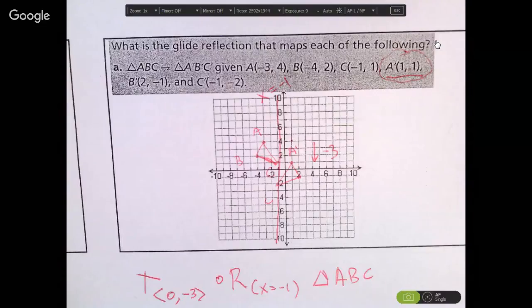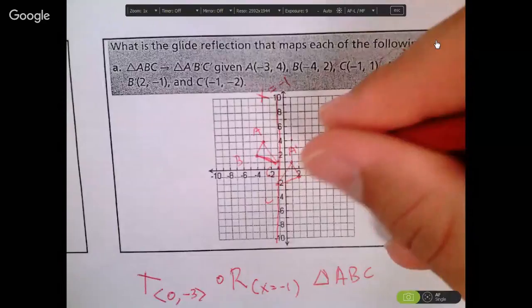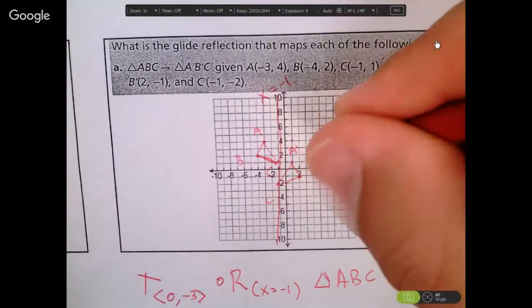Why can X be 1 instead of -1? If you do that, then your transformation will be different, which is fine. I would have to accept it as long as it was correct. I don't think it'd be the most efficient glide reflection. Okay, but if it were +1, then it would reflect over this line and end up here roughly. And then you'd have to move it down and left.